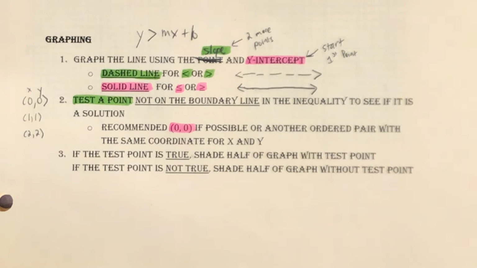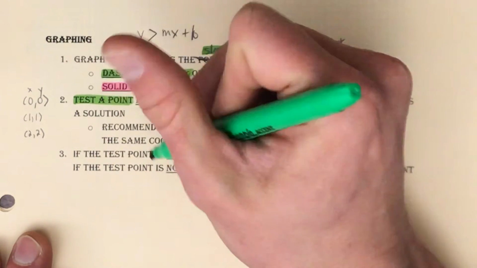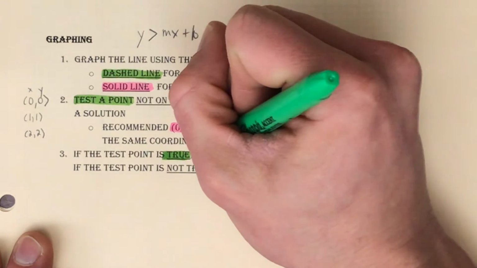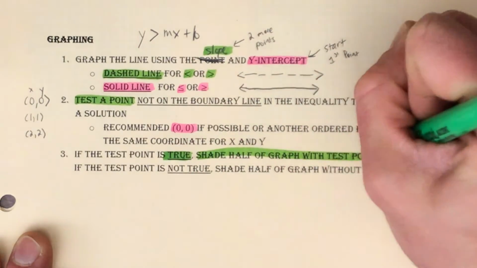Once we plug that test point in, we're going to figure out, does it make the inequality true? Do we end up with 3 is greater than 2 or something along that side? If it is true, then we shade the half of the graph where the test point lies.